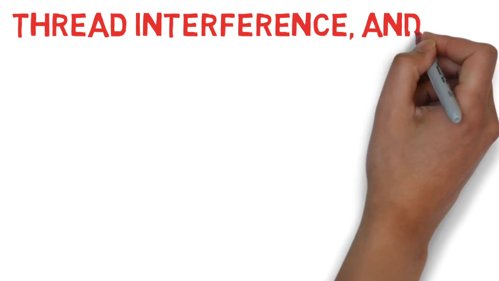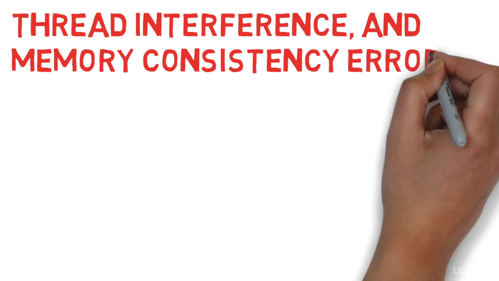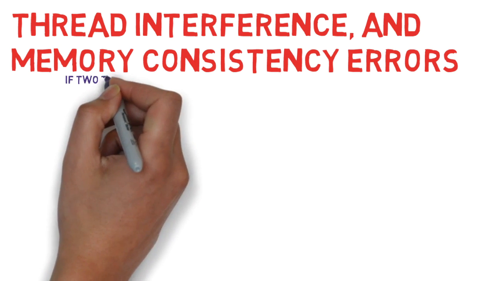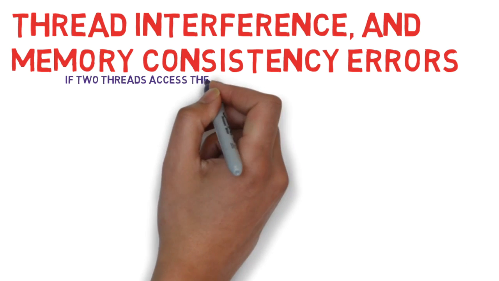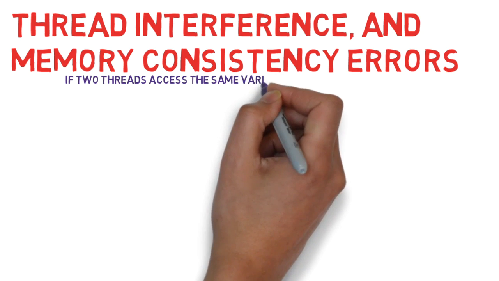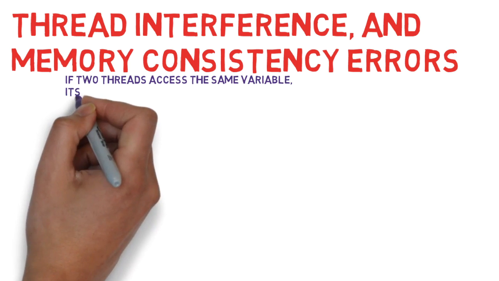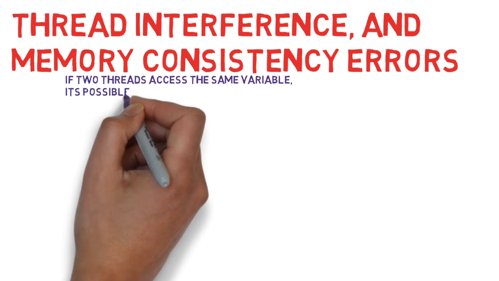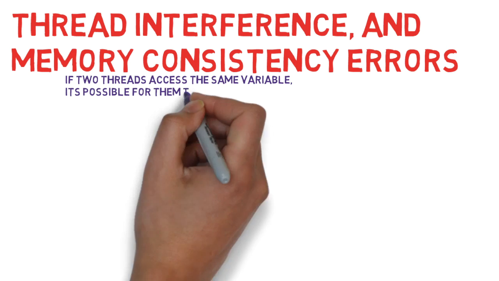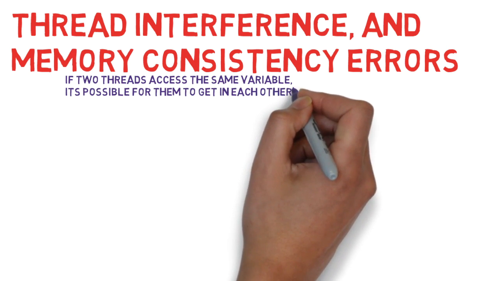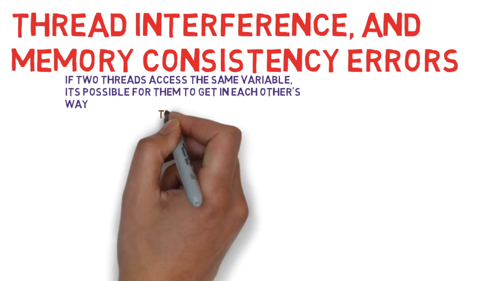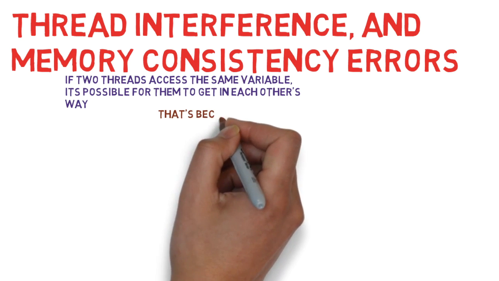Let's look at thread interference and memory consistency errors in a little more detail. If two threads access the same variable, it's possible for them to get in each other's way and interfere with each other's operations. Why is that? This is because Java, when working with multiple threads, allows switching in and switching out of threads midway between their executions.